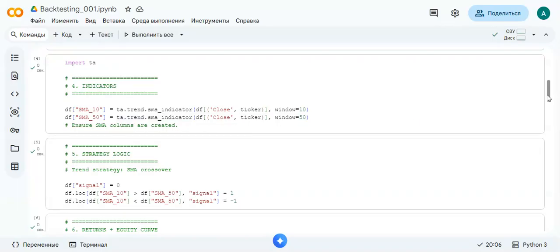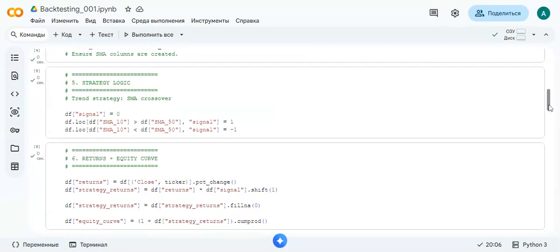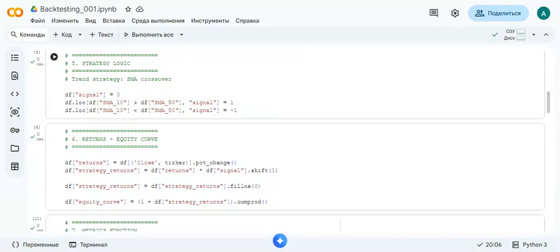And next, what we're going to consider is the strategy itself, what we're going to backtest. As I mentioned, just as the starting point, we are considering the trend strategy, the simple moving average crossover strategy. And the strategy is very straightforward.